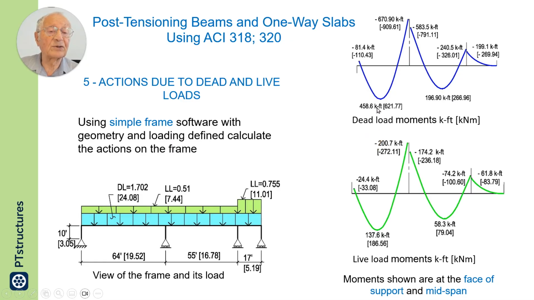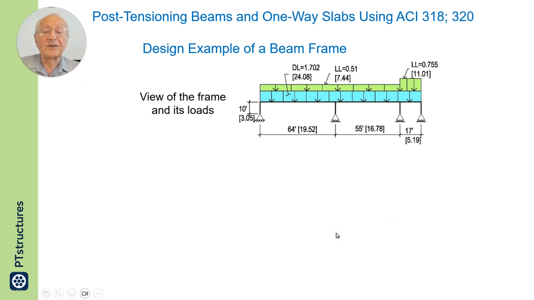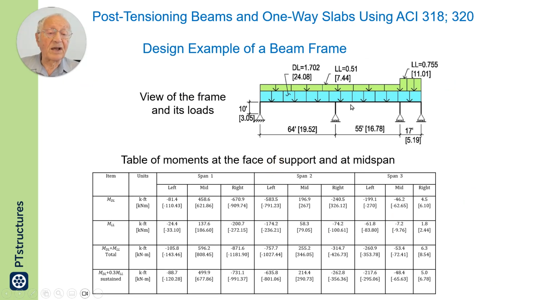So I have dead load moment at the top, live load moment at the bottom, and for each instance I note the value at the face of the support and midspan. Then I summarize my calculation in here.